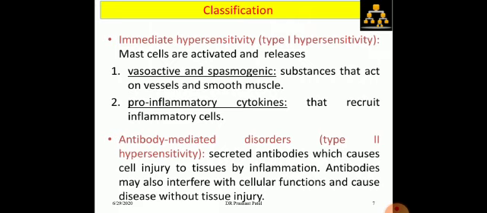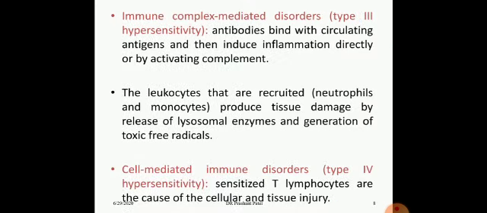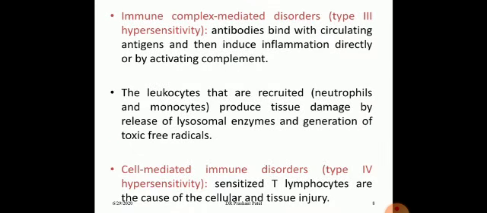Here secreted antibodies cause cell injury to tissue by inflammation. Antibodies may also interfere with cellular function and cause disease without any tissue injury. Type 3 hypersensitivity reaction: here antibodies bind with circulating antigens and induce inflammation directly by activating the complement system.